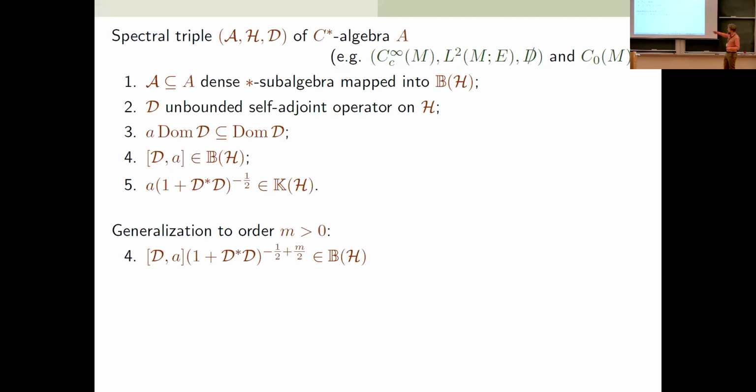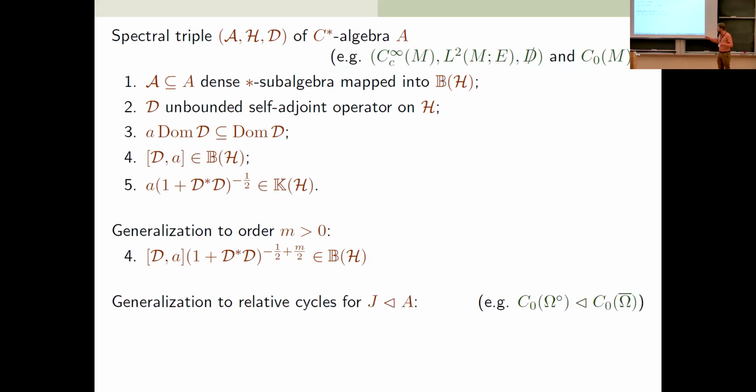And then if we want to do stuff that is relative, meaning that we want to focus on manifolds with boundary, we have to do a little bit more. The interesting thing is that when you do relative cycles, you have continuous functions in the interior and continuous functions including the boundary. And then you have to change some of these conditions.